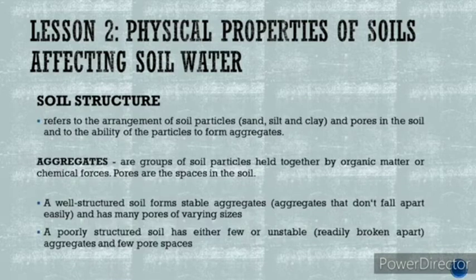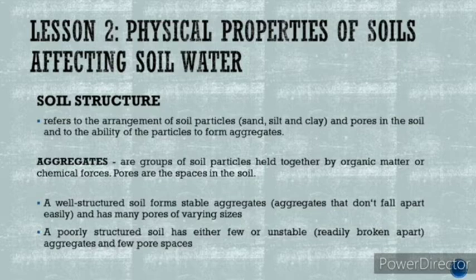Soil structure refers to the arrangement of the particles, sand, silt, and clay, and pores in the soil, and to the ability of the particles to form aggregates. Aggregates are groups of soil particles held together by organic matter or chemical forces. Pores are the spaces in the soil.